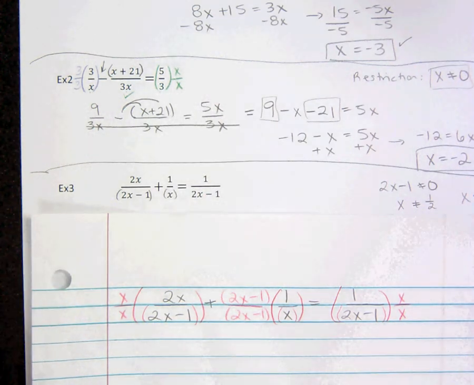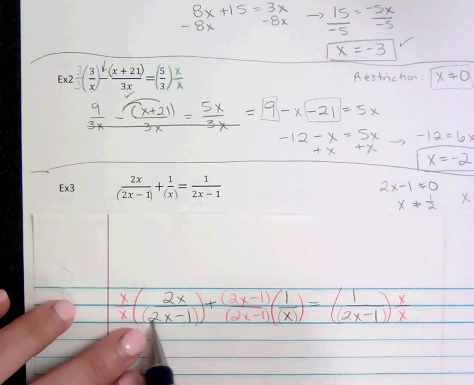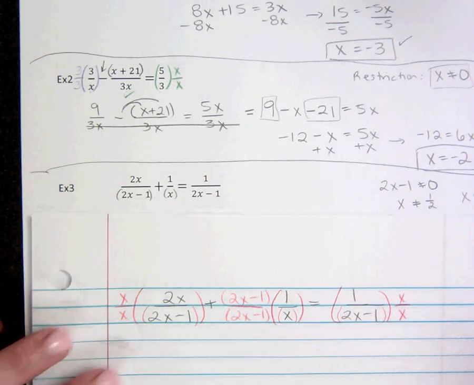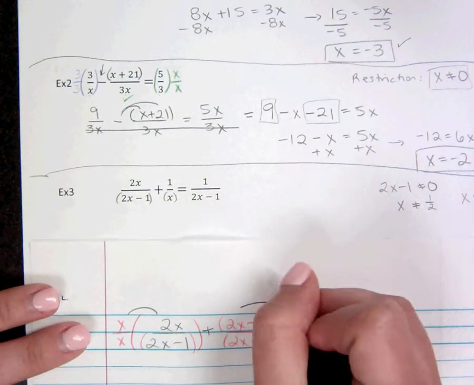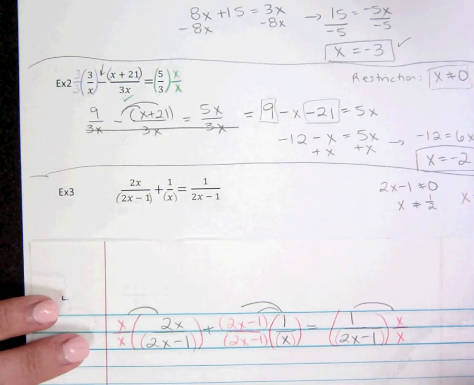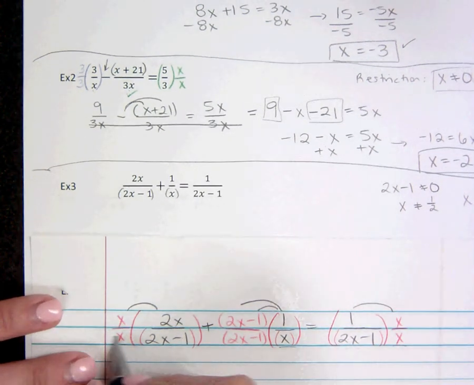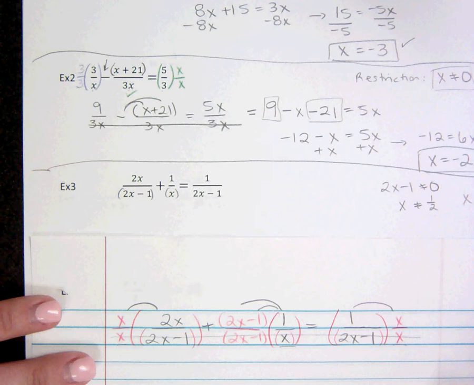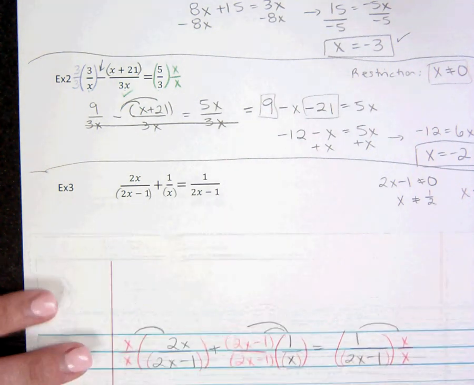Just make sure you can see that every fraction now has x, and every fraction has 2x minus 1. So then we're going to multiply that, and multiply that. Because all the denominators now match, you can from here ignore the denominators instead of rewriting them all again and then ignoring them. So you can do a visual check right here and make sure that they all match, and then you can ignore them.